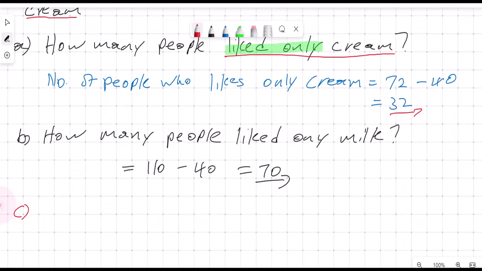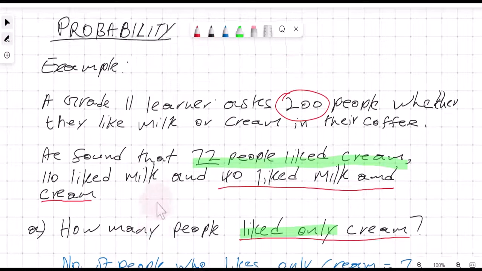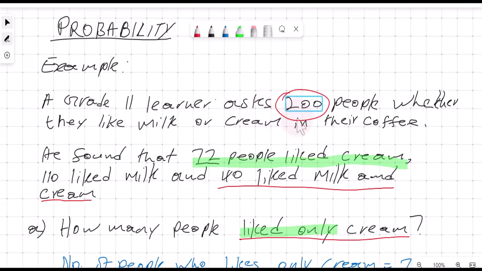Okay. How many people are we talking about here? We're talking about 200 people. So if you want to know how many didn't like milk or cream, we have to subtract from this 200 the number that we got. We have to subtract the people who liked cream and milk, those who liked cream only, and those who liked milk only.